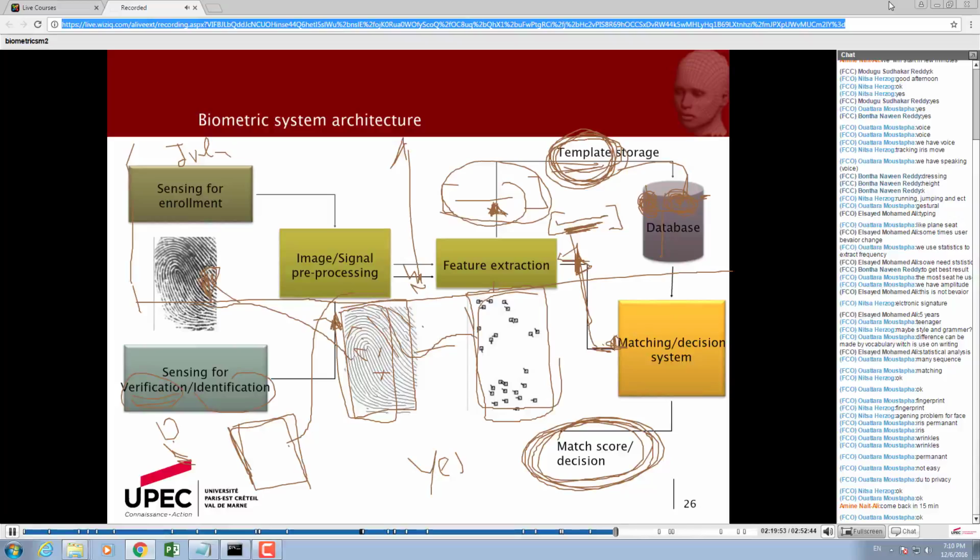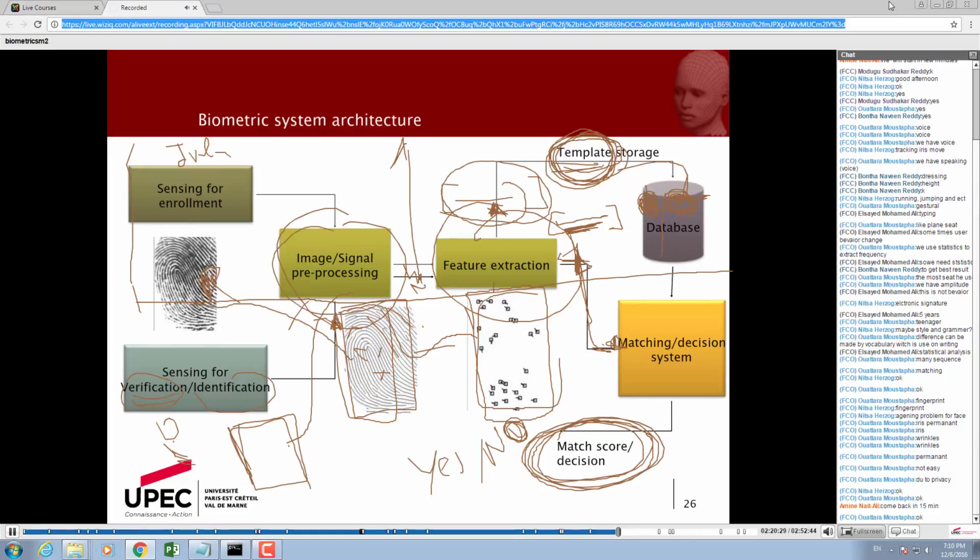And then what we have to do, we just compare, okay? We compare the data stored in the database and the data extracted from this image. And at the end, we take a decision if there is a matching or not. The output will be yes or no. Do you agree? We are in the phase of verification.